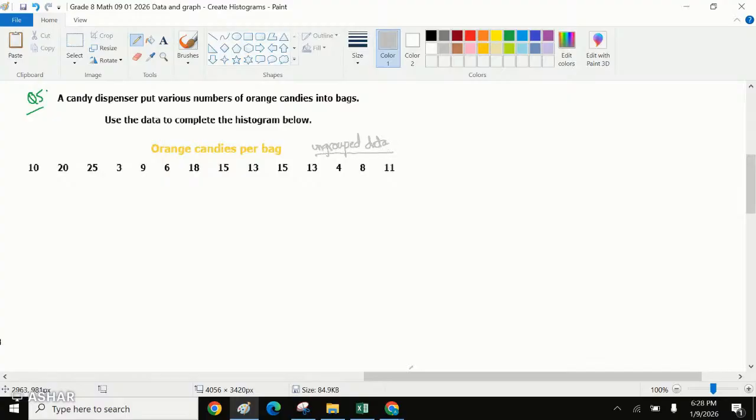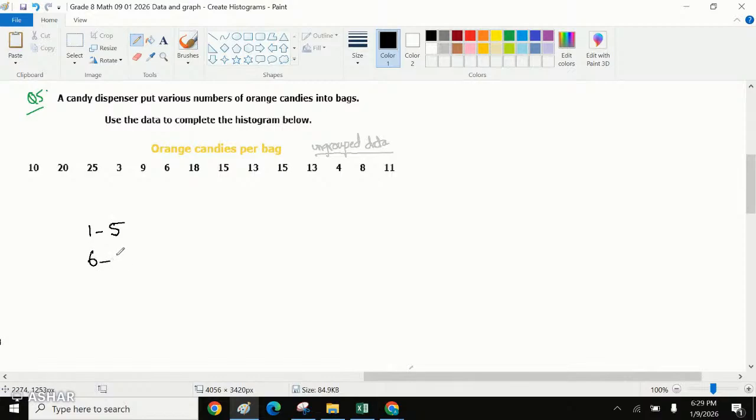So what we can do is we can suppose a range, right? Let's look at the minimum number of candies per bag. The minimum number is 3 and the maximum number would be 25, right? So we can make groups of 5. So can we say from 1 till 5 candies per bag?